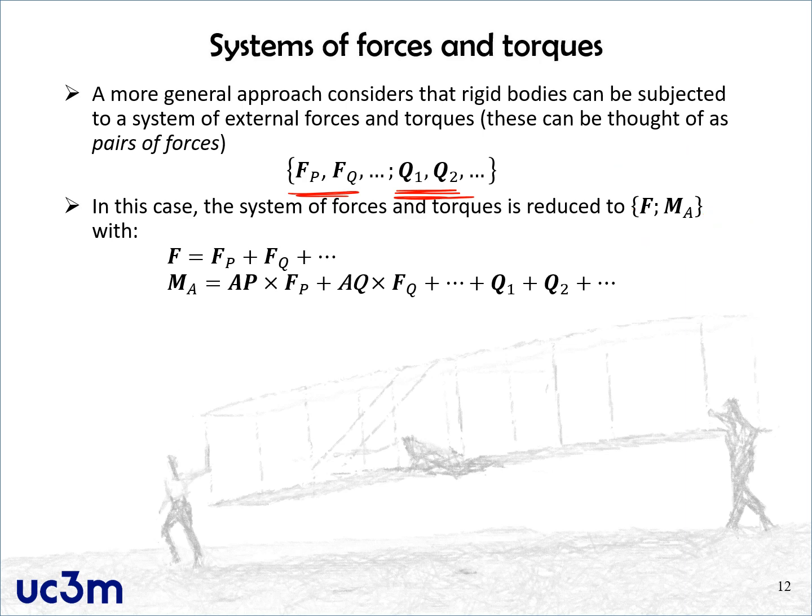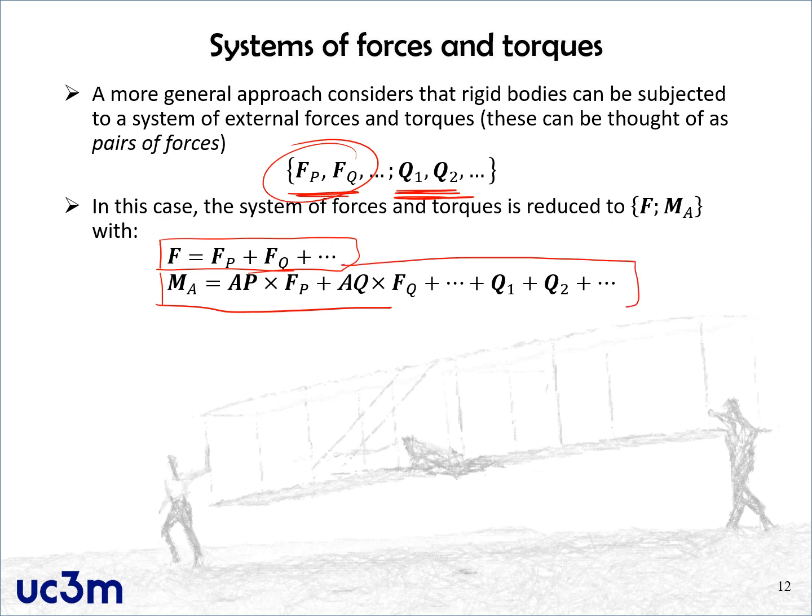Basically, nothing with regard to the total force. The resultant force is just the sum of the forces that we have in our system. The only difference is that in the total torque, the resultant torque, we have to add these additional contributions. Everything else that we have seen so far remains the same.